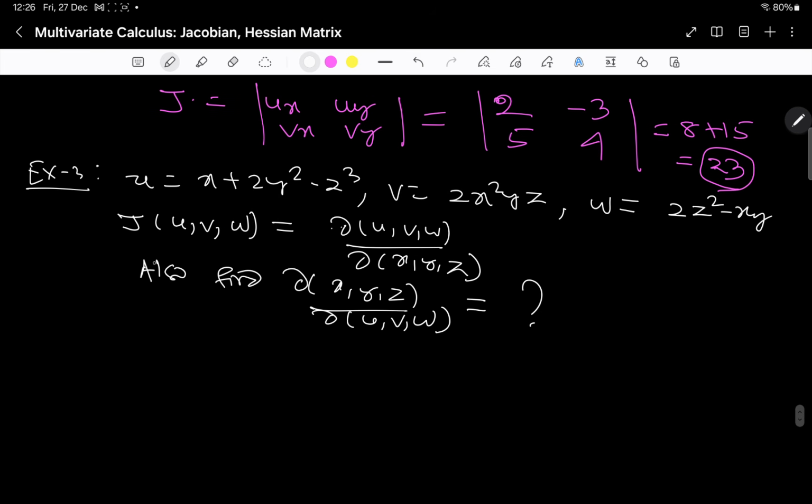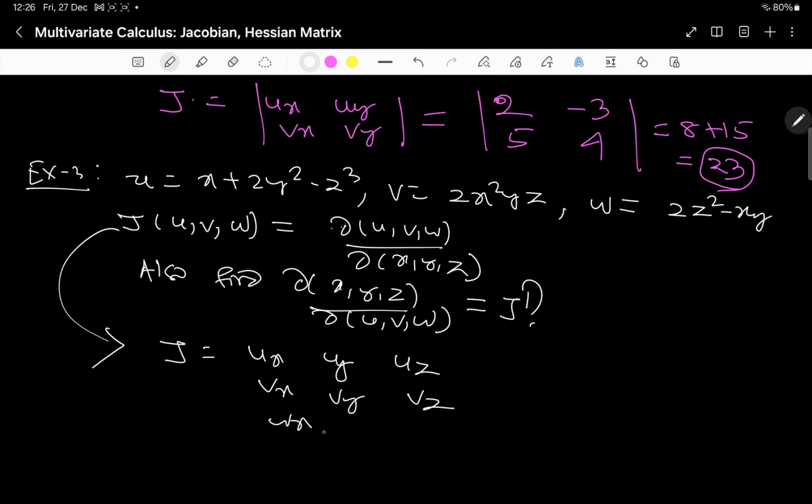Now, coming to the first one, also find this. Suppose I call it Z dash here. So now the Jacobian will be the determinant of Ux, Uy, Uz, Vx, Vy, Vz, Wx, Wy, and Wz.